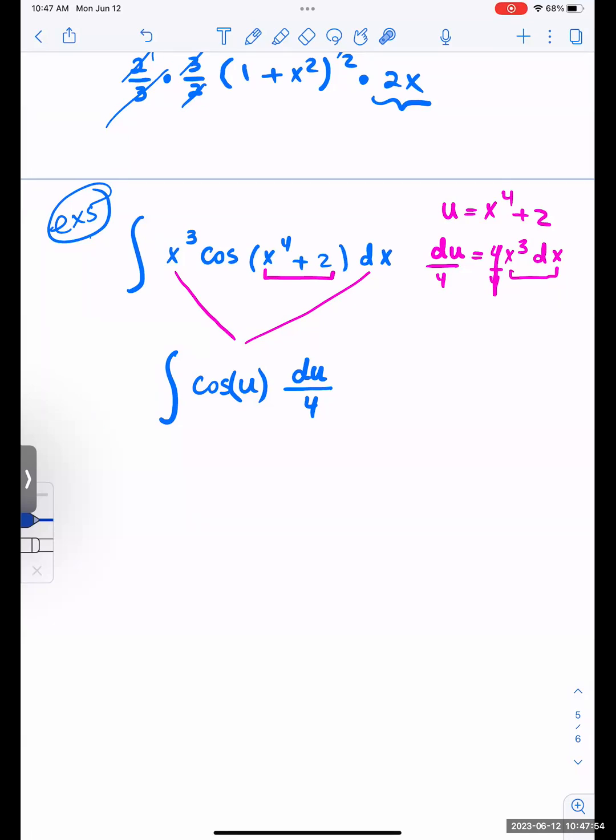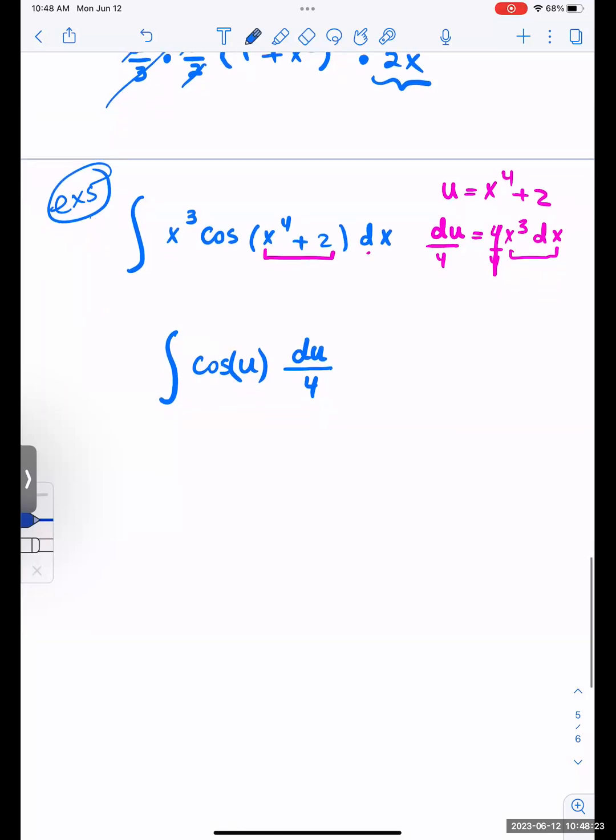So that's why you have 4x cubed. Then I have x cubed dx in my integral, so I isolate x cubed dx by dividing both sides by 4. So instead of x cubed dx, I replace it with du over 4. Make sense?